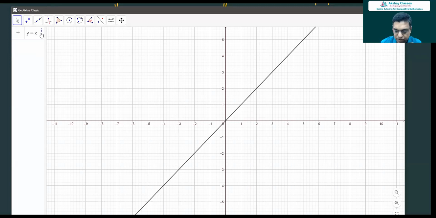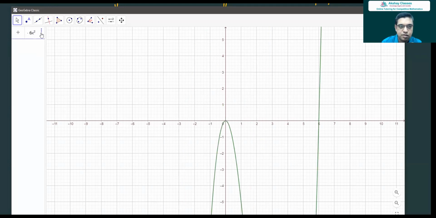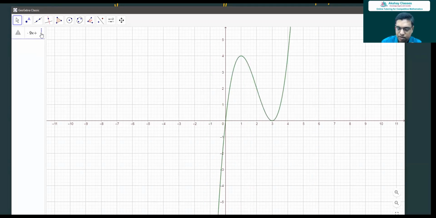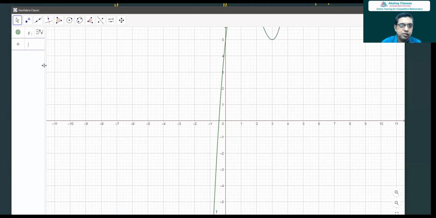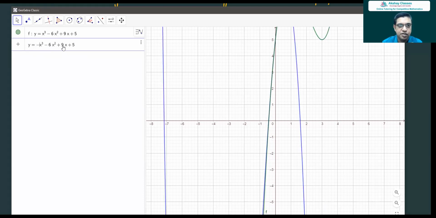y equal to minus x cubed plus 6x squared minus 9x. Now I'm just introducing the minus sign and seeing how it changes.